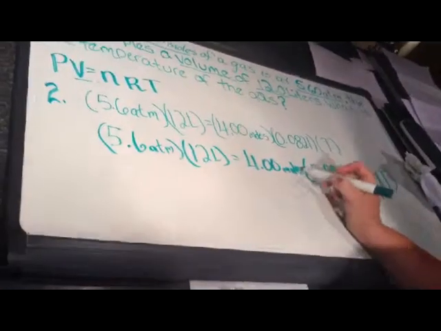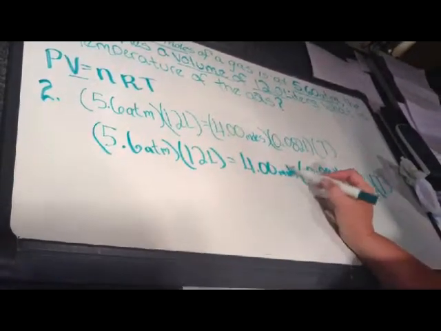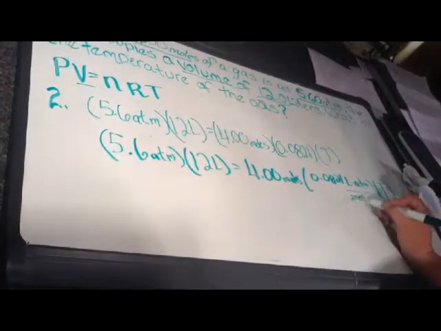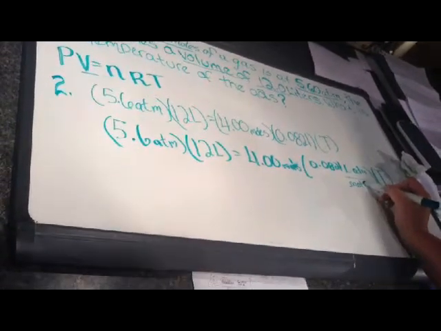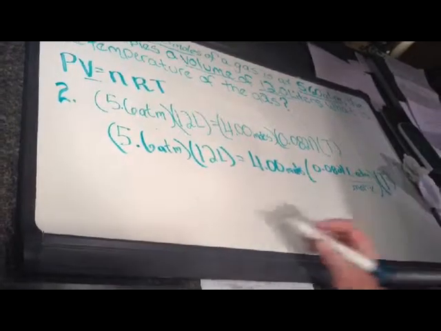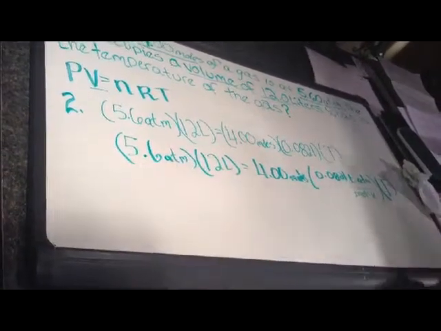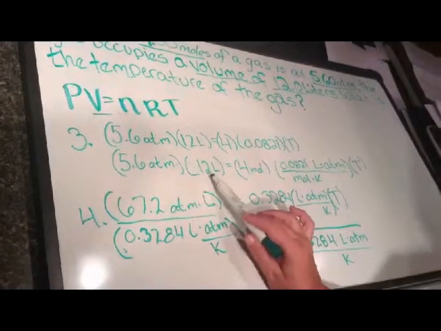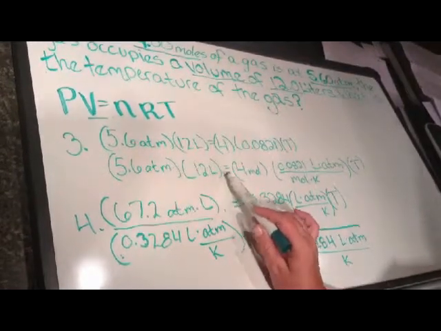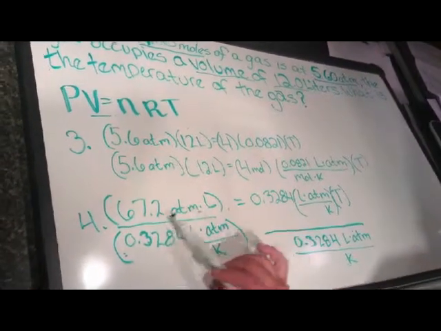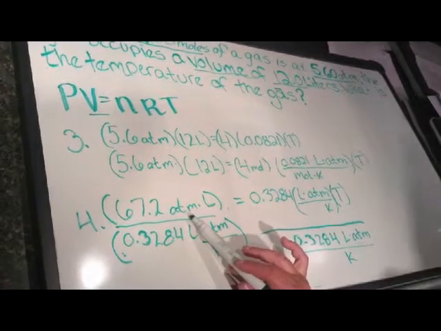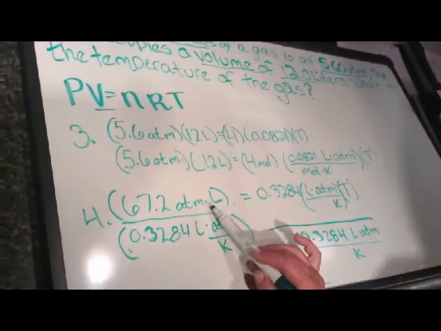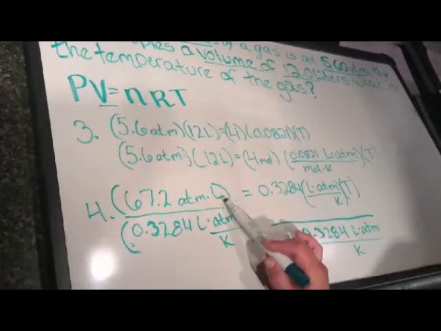So we can go back and look that we have moles on the top, moles on the bottom, and they can cancel. 5.6 atm times the 12 liters, we come up with 67.2 atm times liters.